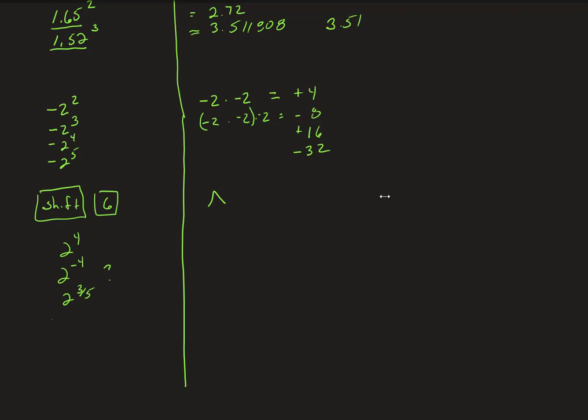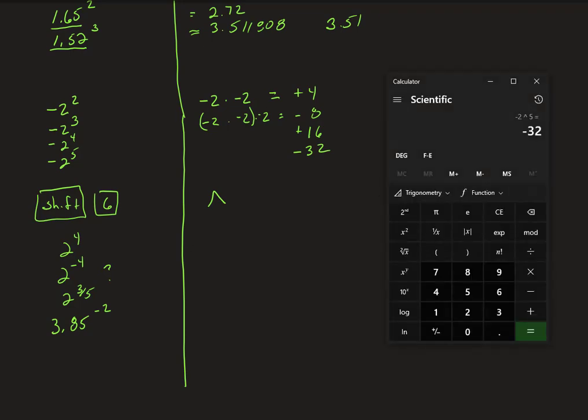So let's try this one, 3.85 to the negative second there. So I'll grab my calculator, and 3.85, I'm going to do my XY key, to negative. And you'll see we get a positive number.